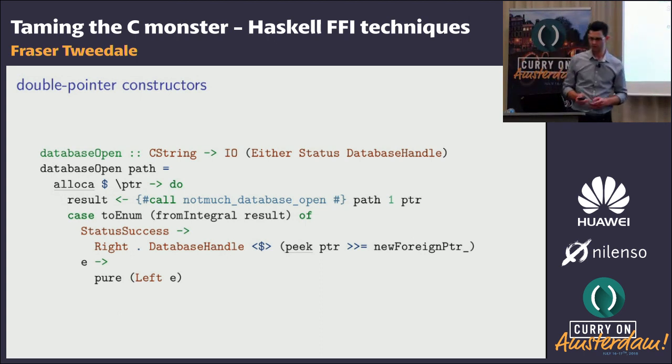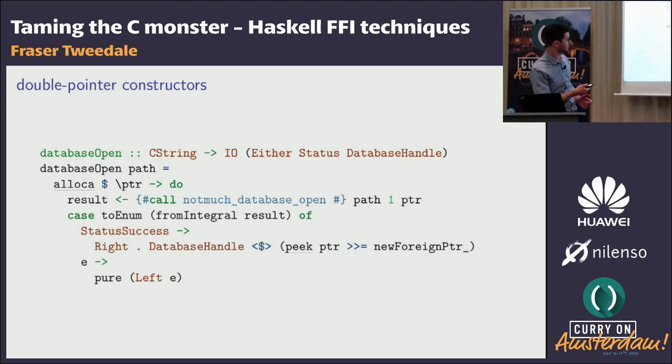So in Haskell, we can open the database. Using the database open function, we use the alloc function that uses the Storable instance to allocate memory to hold the pointer. We call notmuch_database_open. We inspect the result to see if it was a success or not.